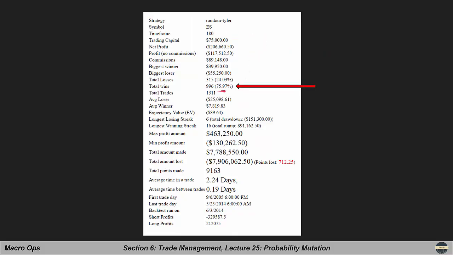This was a little bit of a lower win rate just out of chance, but it was still well above 50%. We had 76% winners on this system that literally just chose at random whether to go long or short. So you can see how having a profit target very close to your entry compared to your stop, let's say your stop's down here, is going to create a high win rate regardless of the edge.